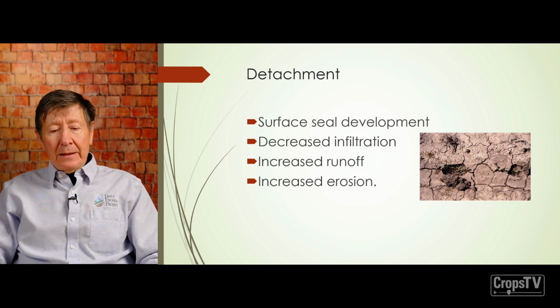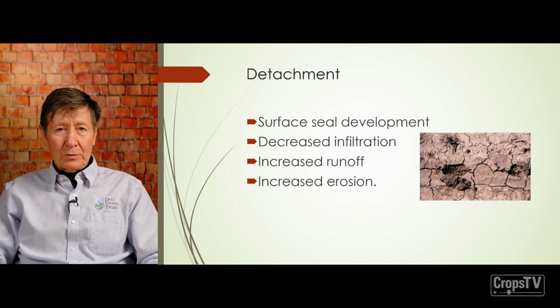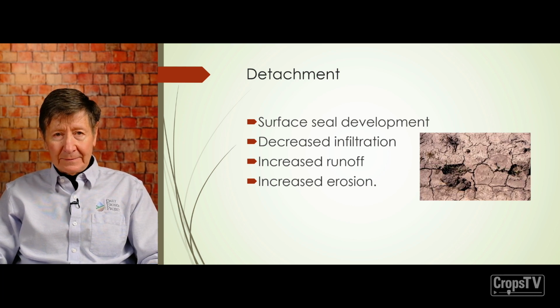Detachment is a problem for us in that it not only loosens the particles so that they're available for erosion or movement across the landscape, it's the driver for surface seal development. All of us have seen a bare soil following a heavy rainstorm. You end up with a surface that's smooth, like on this picture. When you have that condition, you have decreased infiltration rates, which leads to increased runoff.